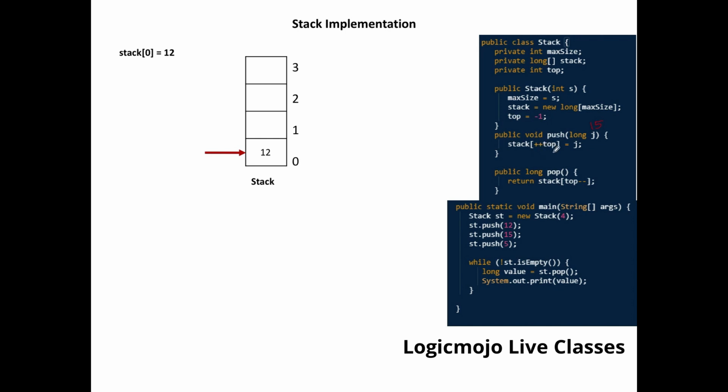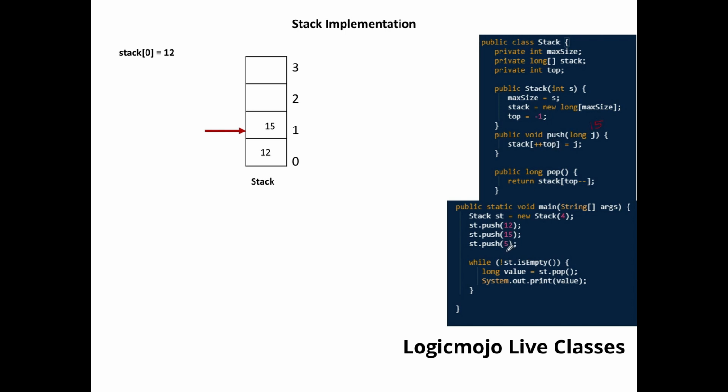We first increment the value of top. Now top is pointing at index 1 of this array, and at that position we insert the value 15. So these are the two basic operations that happen during the push operation: we increment the value of top and correspondingly insert the value.